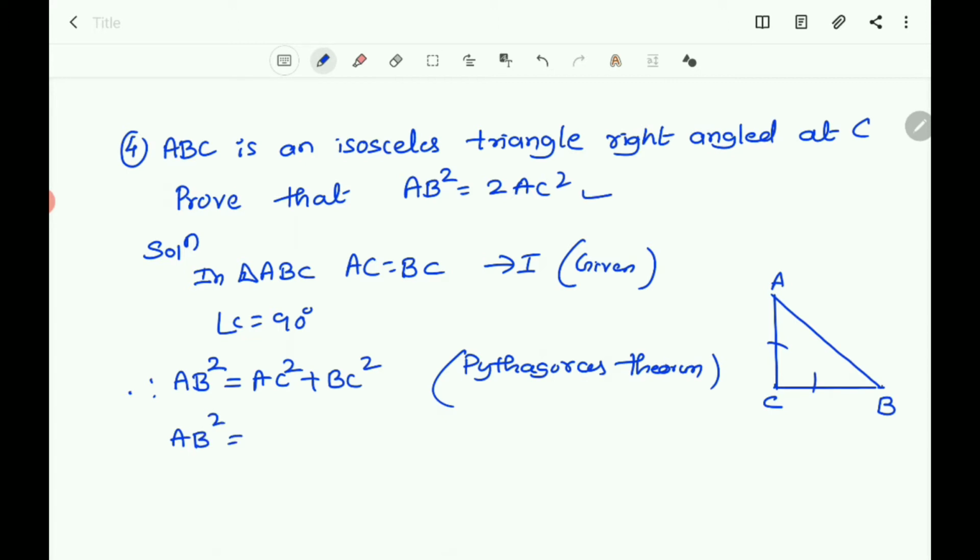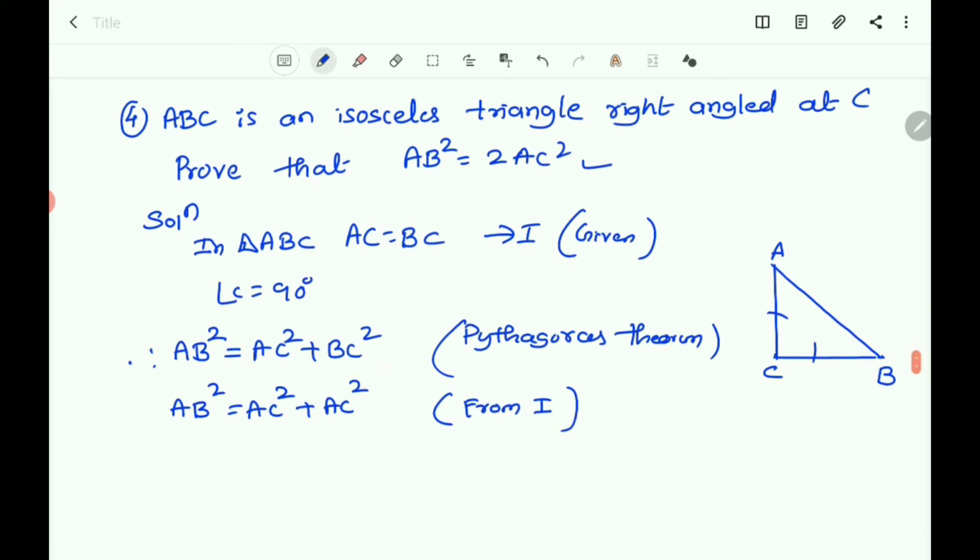Next you write AB square is equals to... here, what do you have to prove? We have to prove that AB square is equals to 2AC square. So here, as AC is equals to BC, you can take AC square only. In the place of BC you write AC. That is, BC square you can write as AC square, from first.